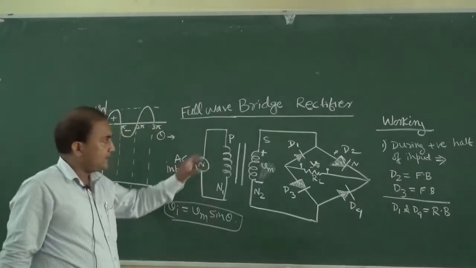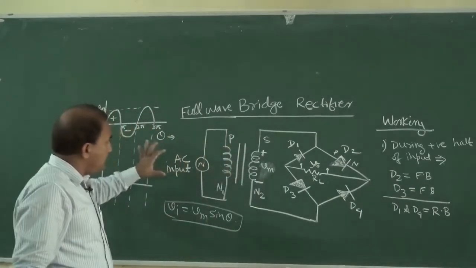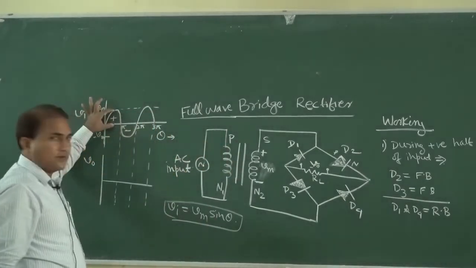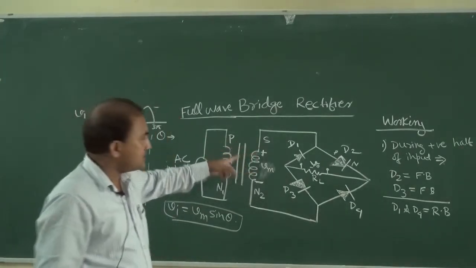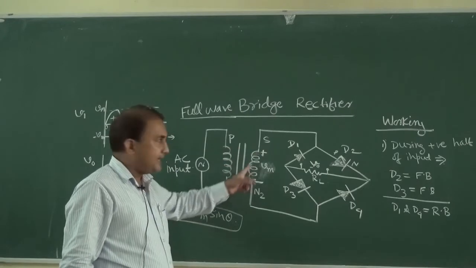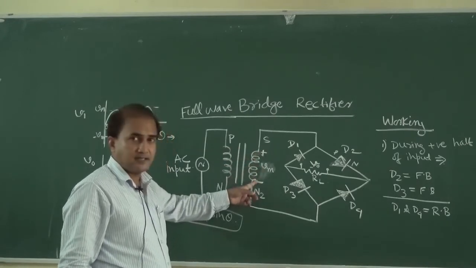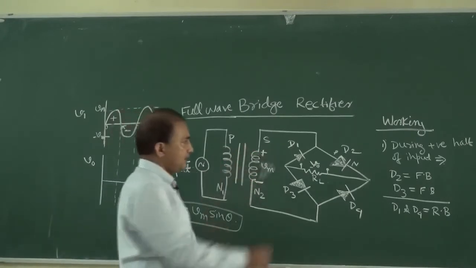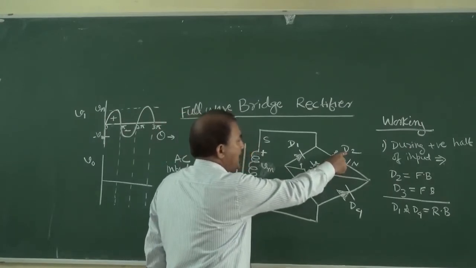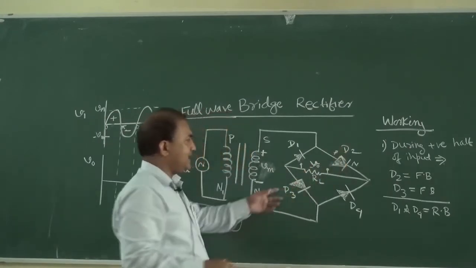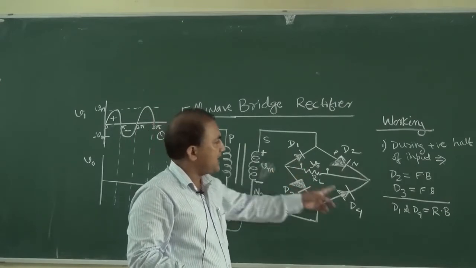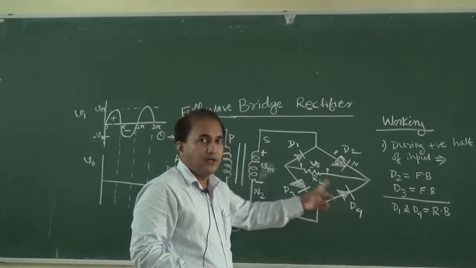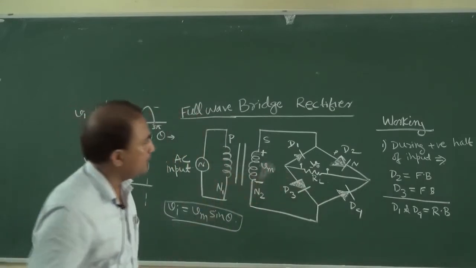You can see that during the positive half of this input signal, the polarity across the secondary of the transformer is plus here and minus here. Because of this, only D2 and D3 are in forward bias, whereas these two diodes are in reverse bias. Due to this, what will happen?